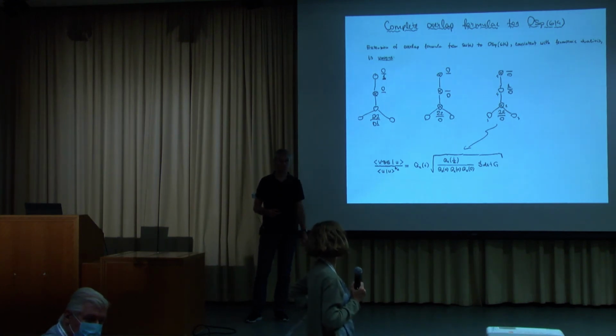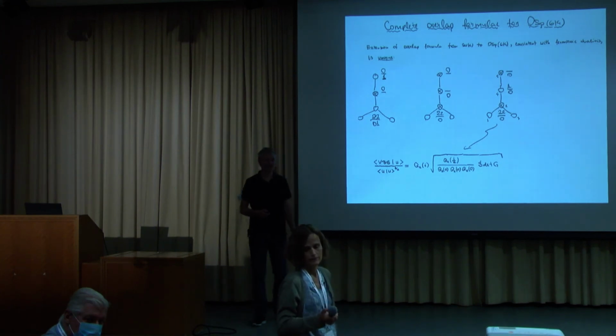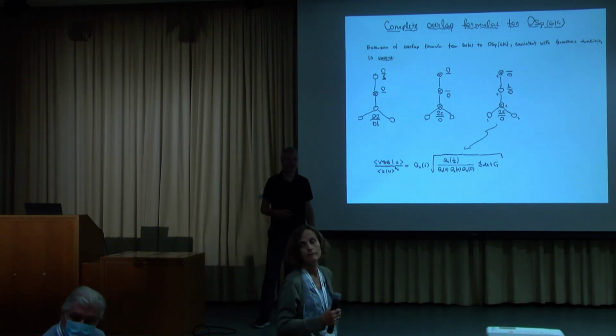Well, why would one want to do it? One thing that would be nice to calculate, I don't know if it's at all possible, would be the cylinder diagram, an exchange between two such boundary states. And that exchange is literally just a whole bunch of one-point functions, right?